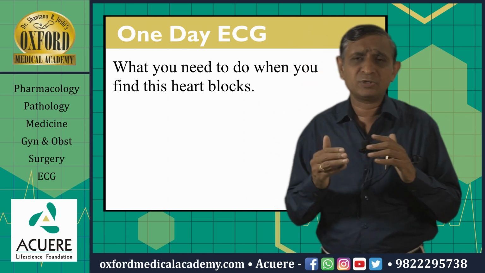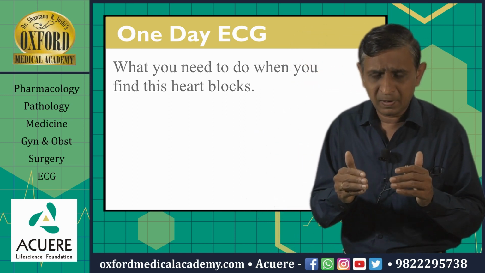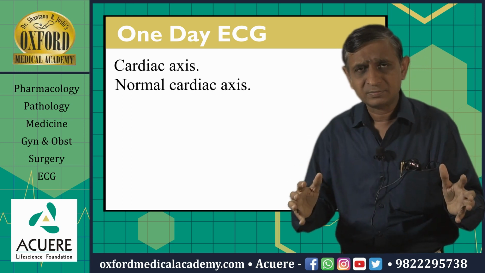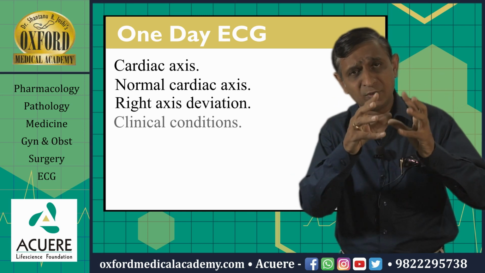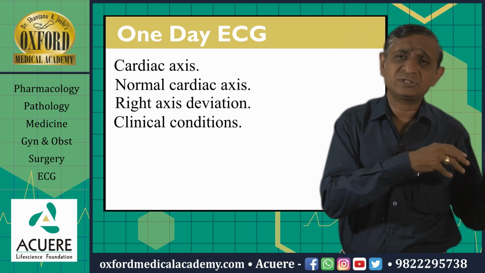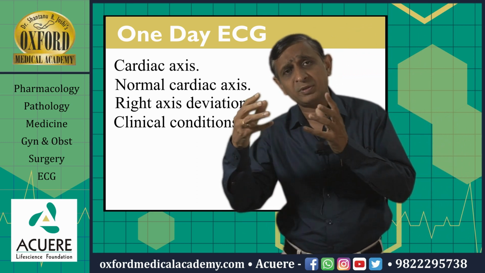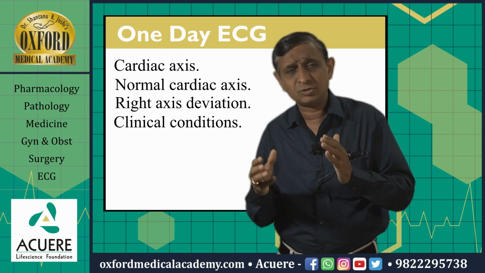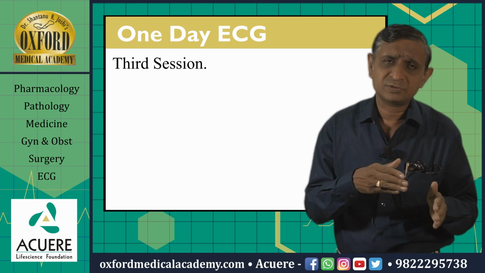And the last topic which we discuss in this session is cardiac axis: normal cardiac axis, right axis deviation, left axis deviation, and the clinical conditions in which you will find them. I don't teach you ECG only, I teach you the clinical conditions in which you will find those changes.